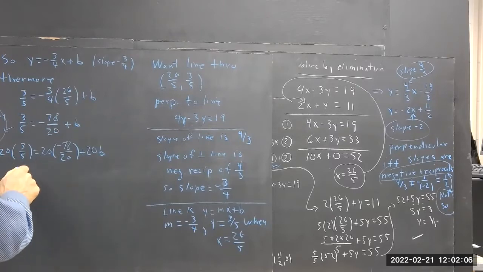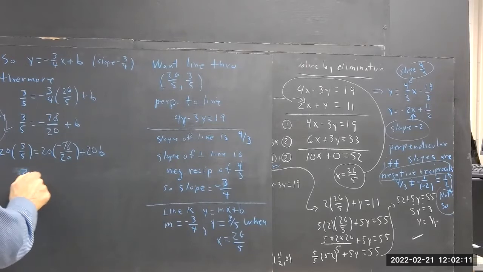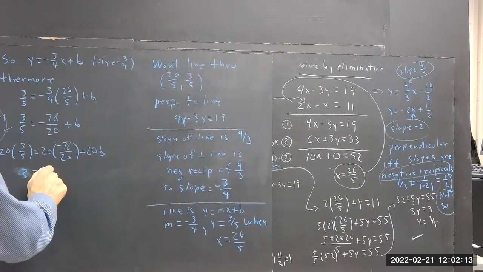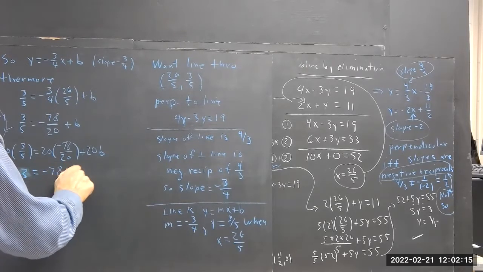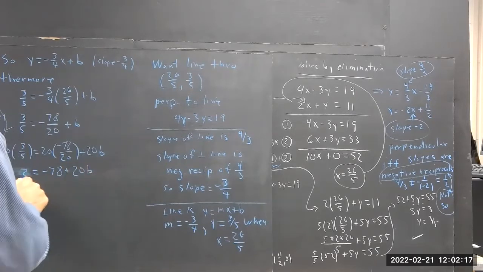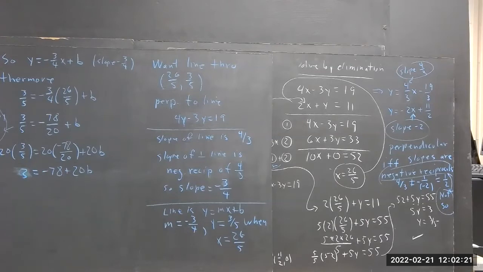You get this, which gives us 60. Gives us 3 equals -78 plus 20b. Turns out my estimate is pretty good. Looks like the y-intercept is going to be 3.9. I estimated 4.1, and I thought I might be closer. I wanted to hedge my bets. I said between 2 and 6.